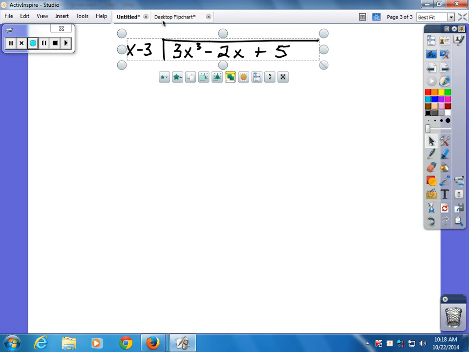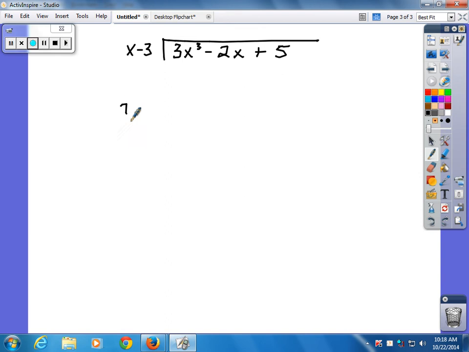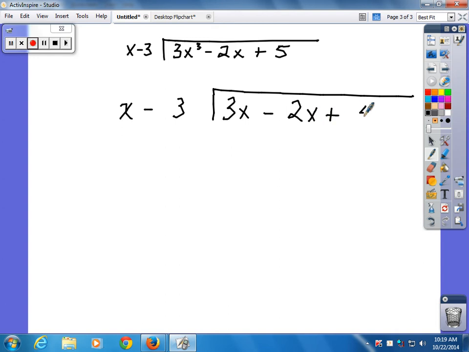So I'm going to write everything in terms of its exponents. x minus 3, and then 3x minus 2x plus 5.